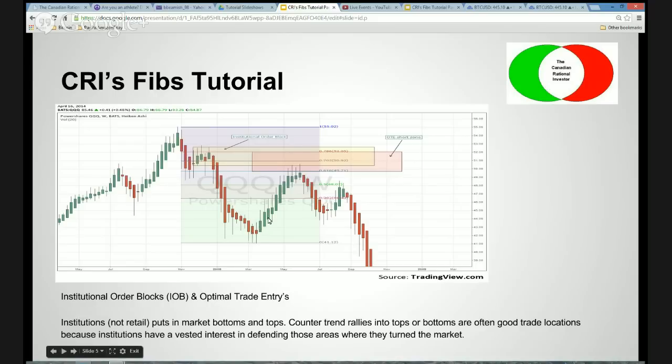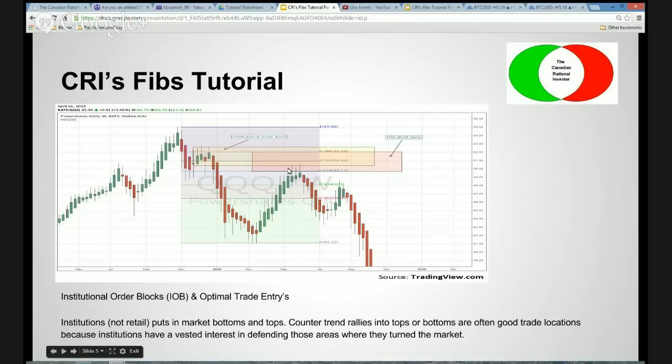Price just slowly climbed higher, right up into the OTE zone, just missed the sweet spot by just a hair. And you can see how when the market rallied up into this area, all these wicks at the top of these candles, every time price got up into this area, boom, they rejected it. Boom, they rejected it.